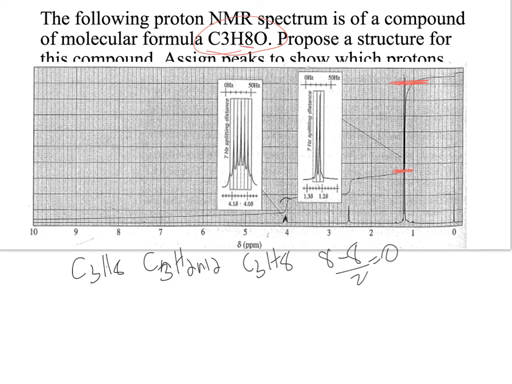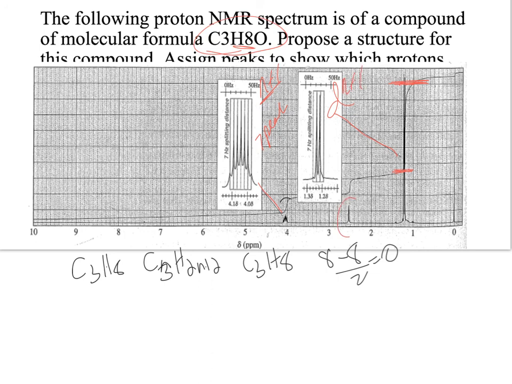We've got to account for 8 protons. This is pointing there, so it's a doublet. And this is pointing here, and it's 1, 2, 3, 4, 5, 6, 7 peaks. Okay, so those are your n plus 1. That's your splitting. So that tells you your neighbors, n plus 1.